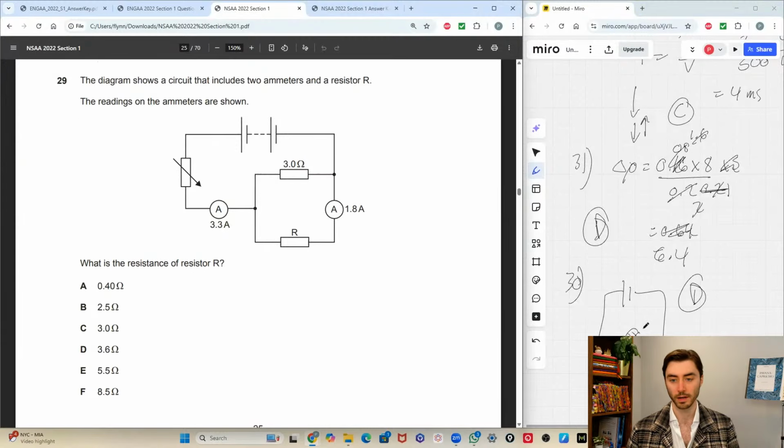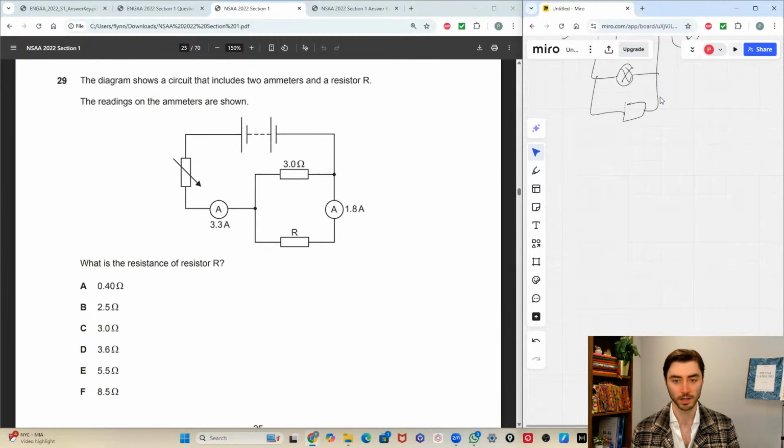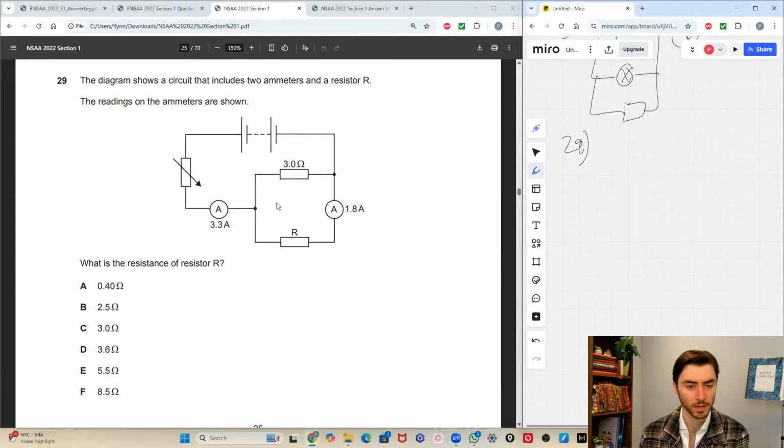So here, more circuits. Love circuits. Let's keep it going. 29. Two ammeters, so the current is going to split. There's 1.8 going that way, which means there is 1.5 going the other way. Which means the voltage on this branch is V equals IR, so that's 1.5 times 3.